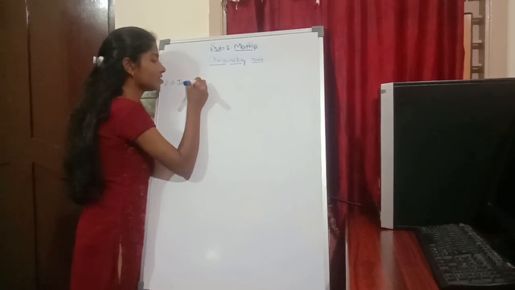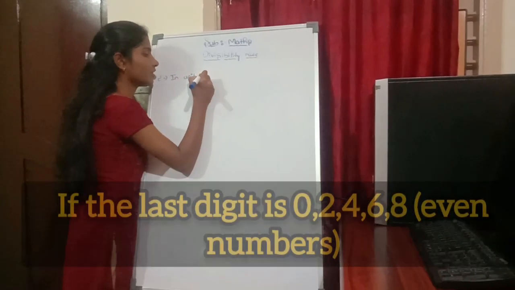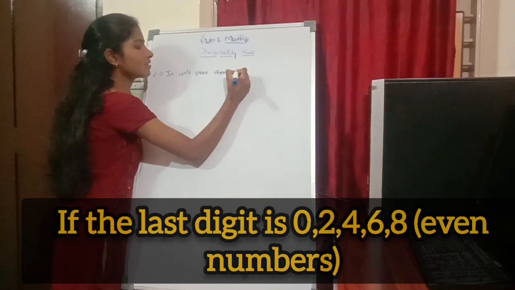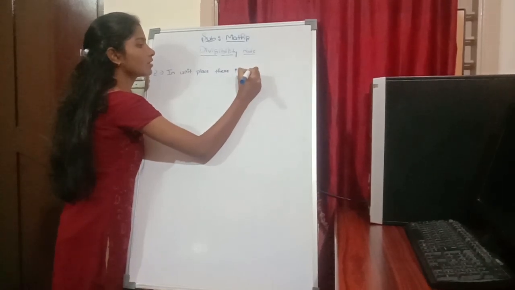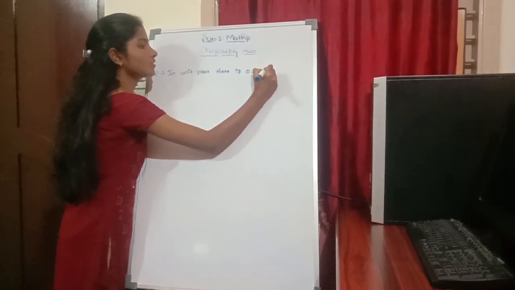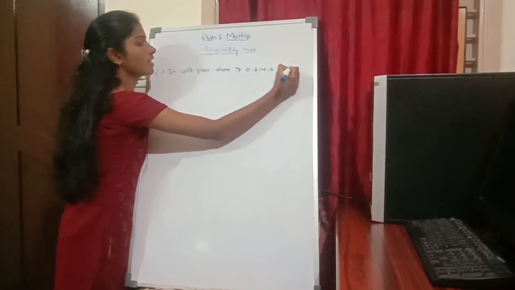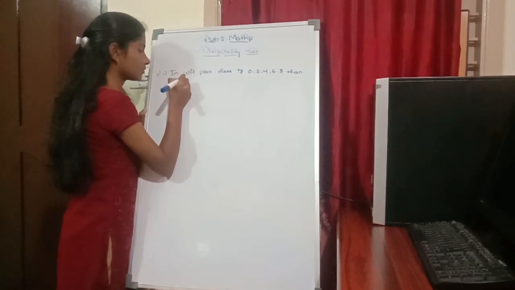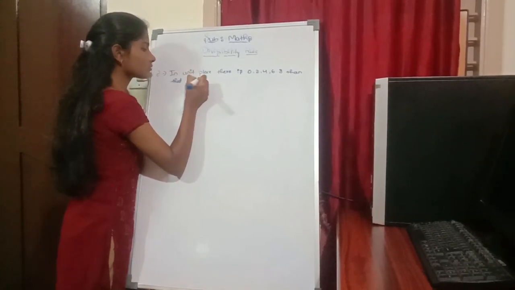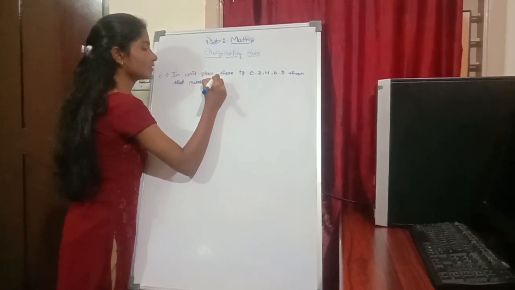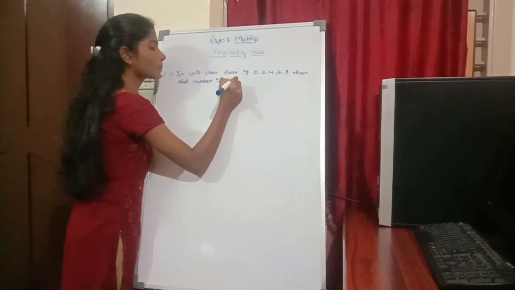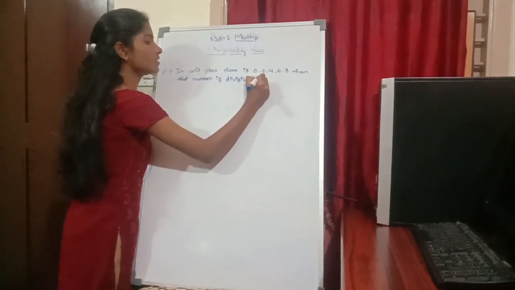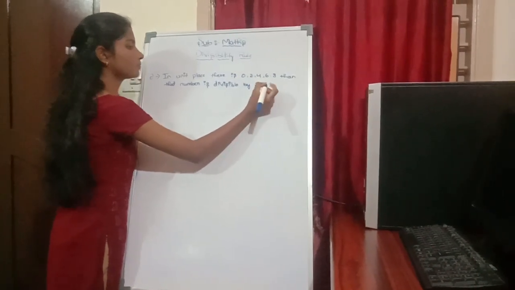If in the unit place there is 0, 2, 4, 6, 8, then that number is divisible by 2.